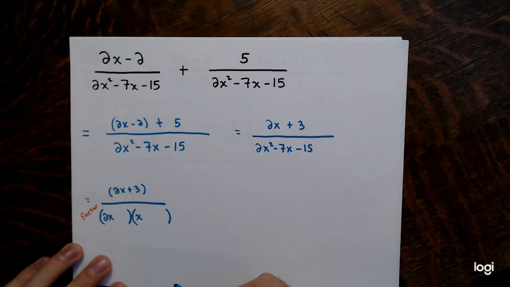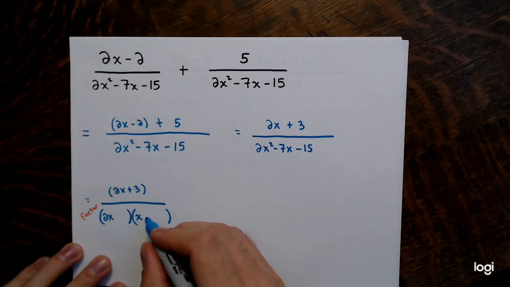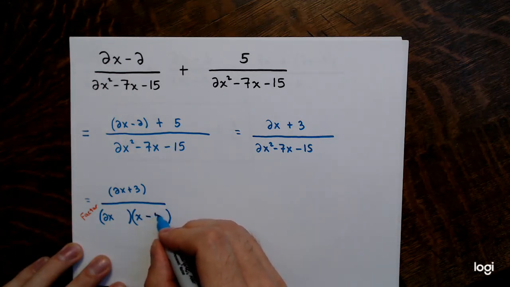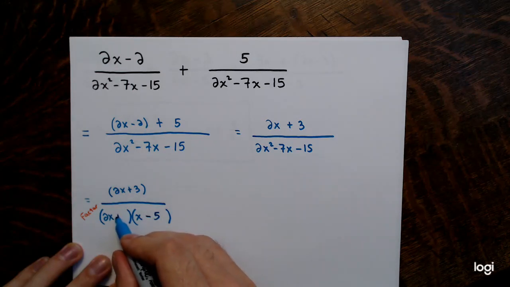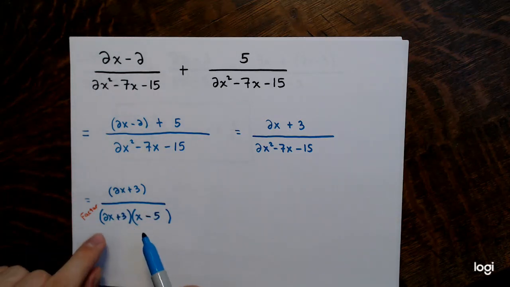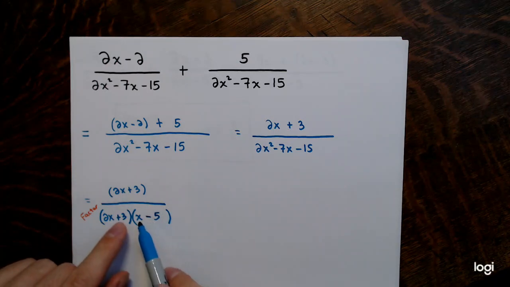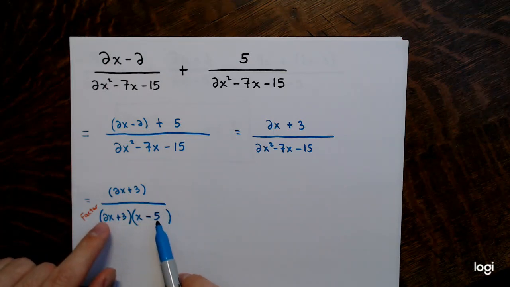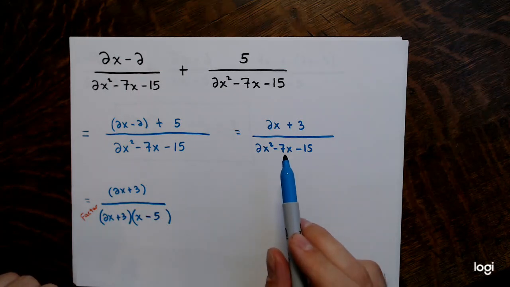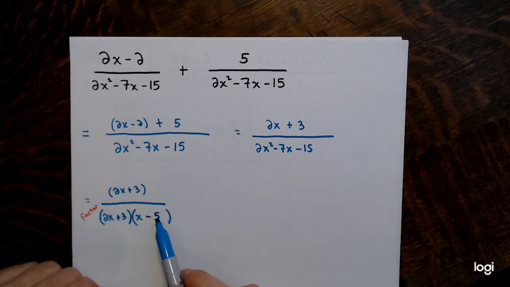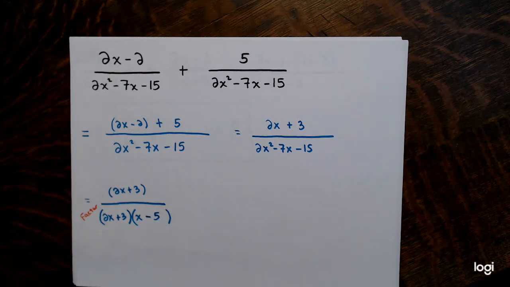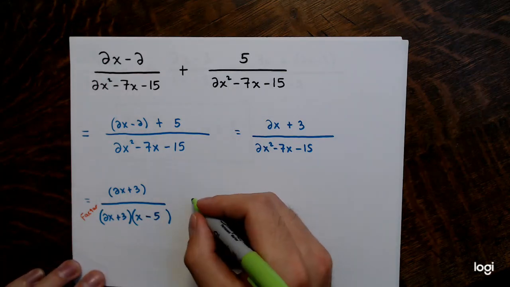So that would be -5 here and +3 here, and you can see that when I FOIL, there's -10x when I do the outers, +3x when I do the inners, and -10x plus 3x would be the -7x that I want, and then 3 times -5 is -15.